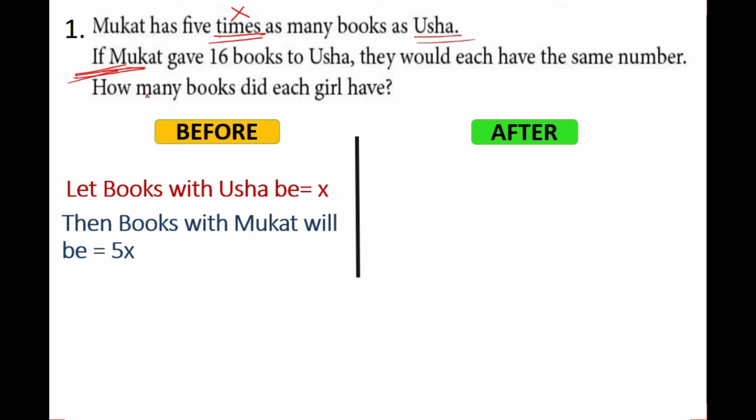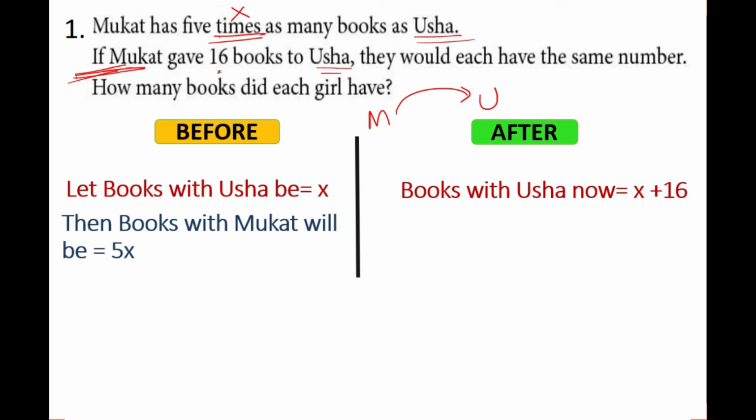Now the "if" here is going to talk about another condition. So Mukat gave 16 books to Usha. So now how many books will Usha have? She had x before. Now Mukat has given Usha 16 books.